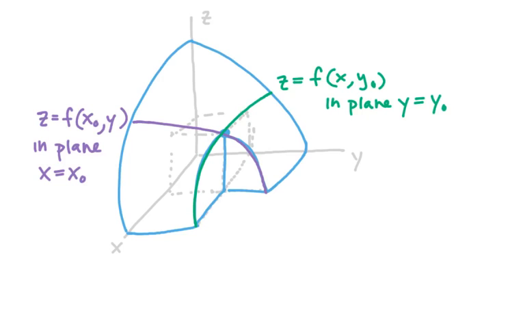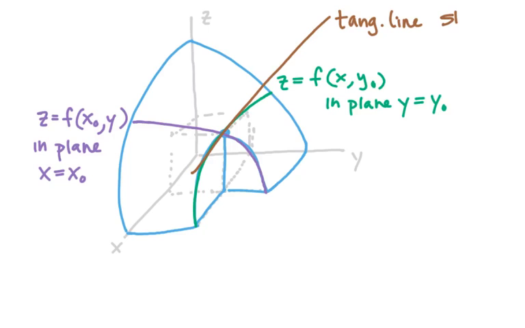So what this partial derivative does, the partial derivative with respect to x for this function gives us this tangent line that runs in this direction.